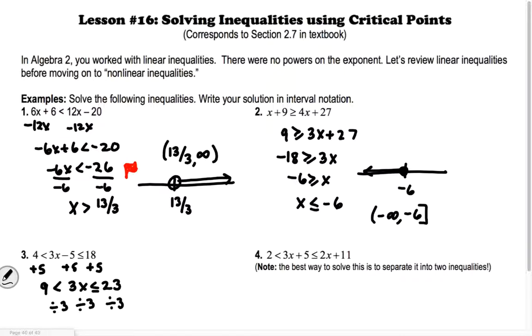All right, I'll give that to Olivia, although a couple of you did have your hands up, so just shout it out. So we get 3 is less than x, which is less than or equal to 23 over 3. Putting that on a number line, x is sandwiched between those two.